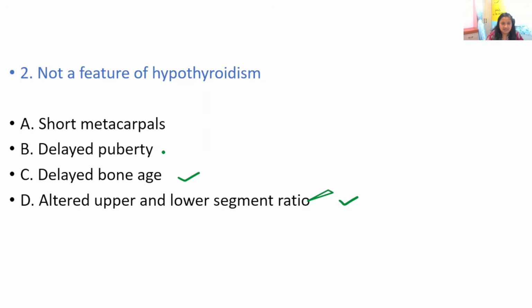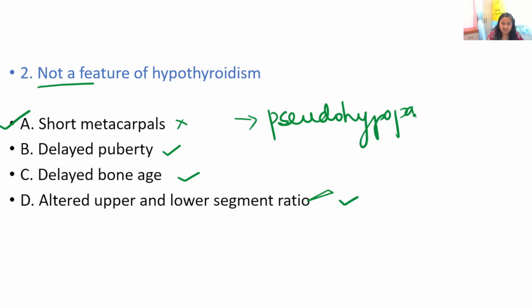Delayed puberty, again this is a feature, although in juvenile hypothyroidism precocious puberty can also occur. Short metacarpals is not a feature of hypothyroidism. Short metacarpals is a feature of pseudohypoparathyroidism type 1A.